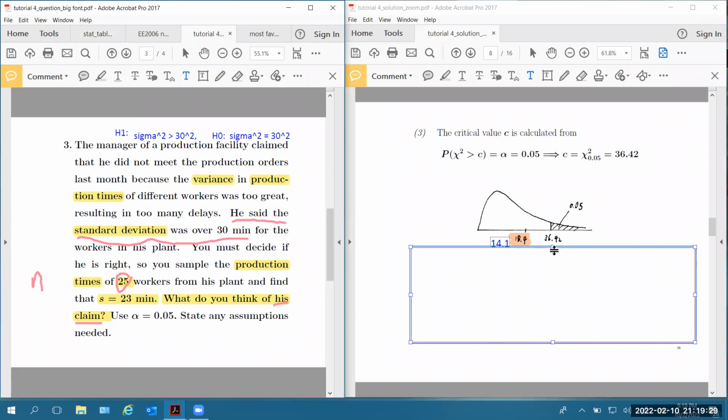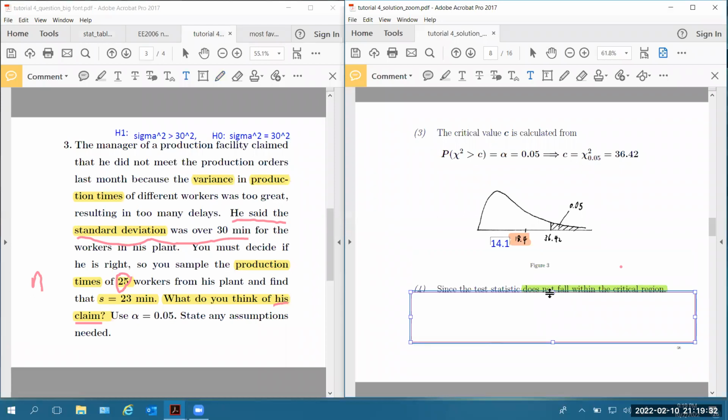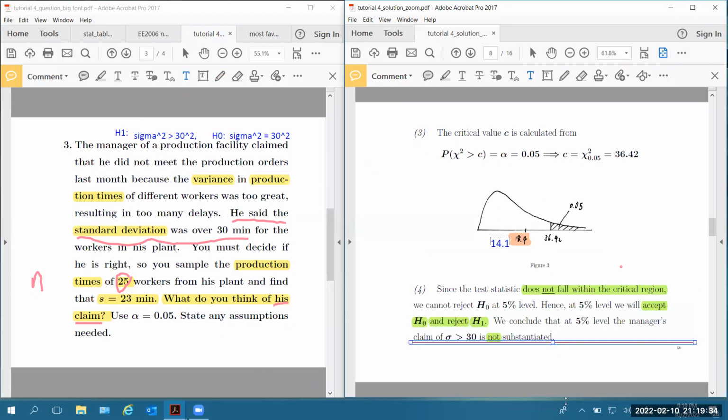Noting that H1 is, sorry, not the inspector's belief, it's the manager's claim. So what do you think of his claim? We conclude that the manager's claim is not substantiated.